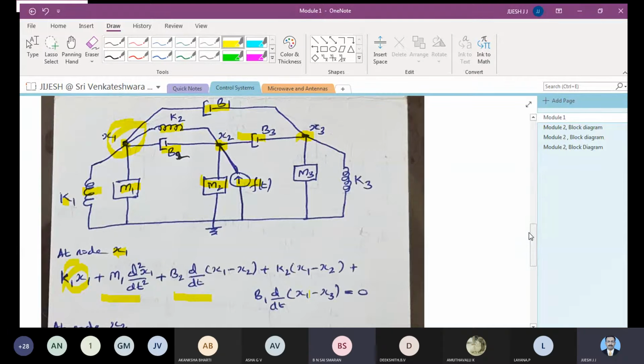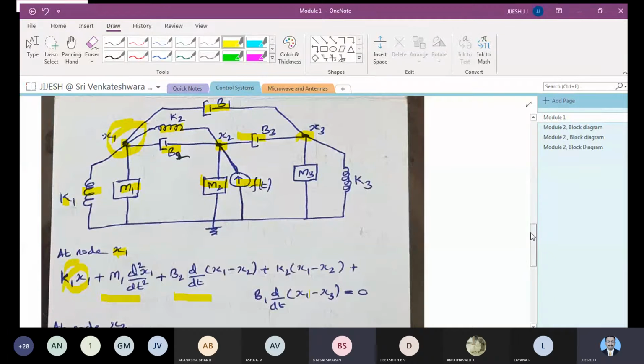K1 will be C1, sir. B2 will be R2. And K2 will be L2. X1 will become E1 of T.